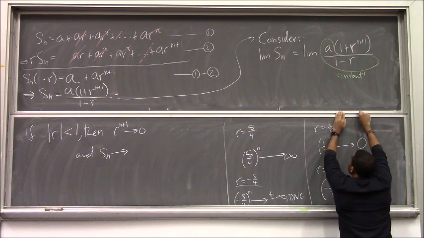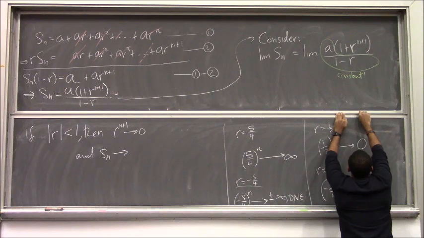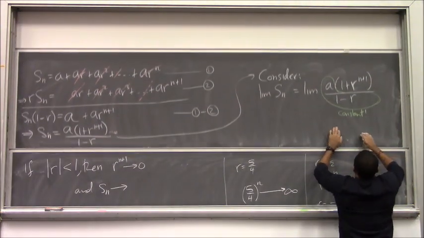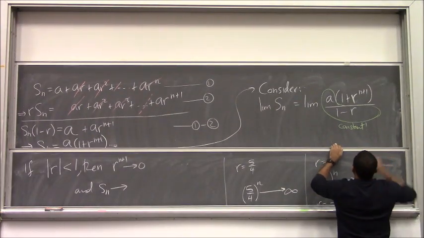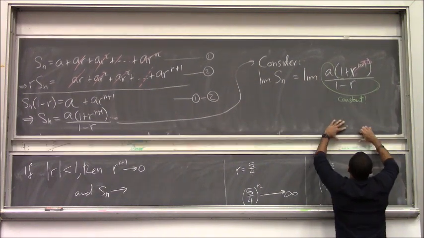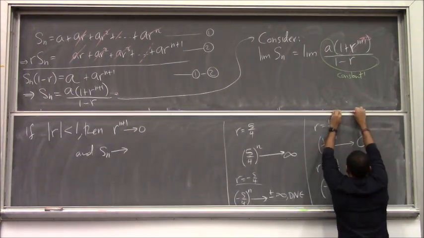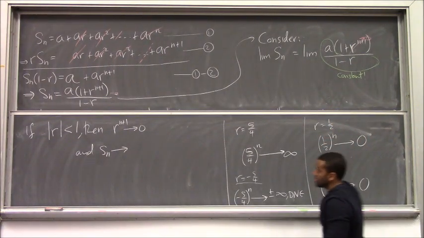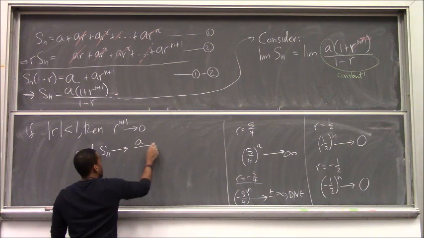You see what's happening here? This part is approaching 0. It approaches A over 1 minus R.